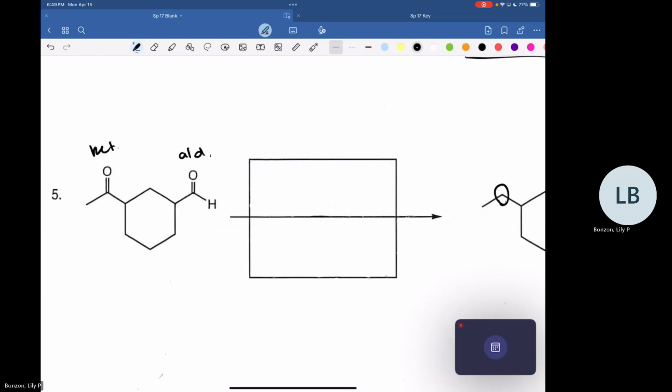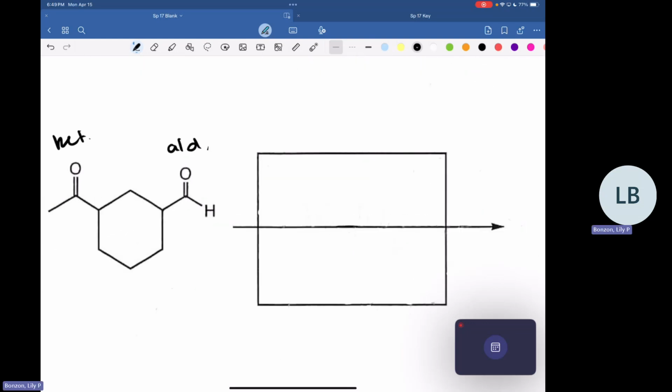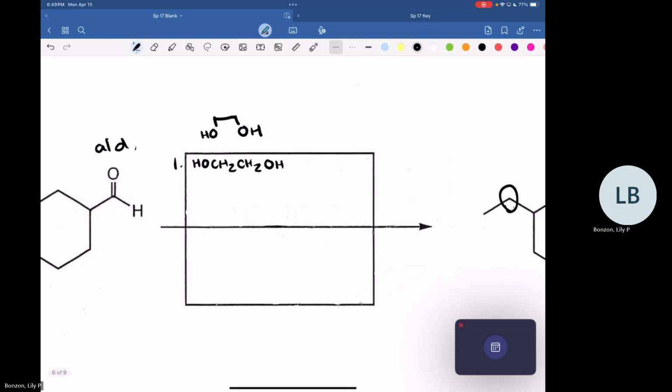So one of the biggest things from this chapter that we've learned is going to be the acetal protecting groups. So you could see it written like this, or you might see it written like this. What this does is it reacts with a carbonyl carbon, and it protects that group from other reactions that we might do. Aldehydes are also more reactive than ketones.